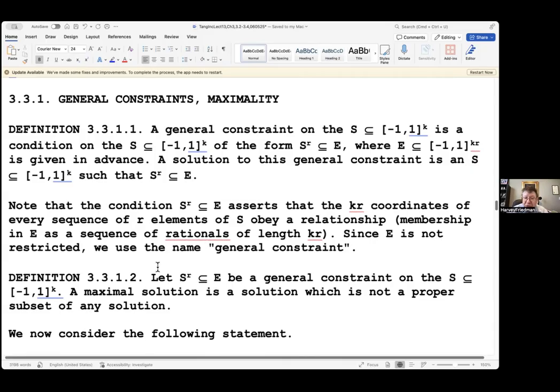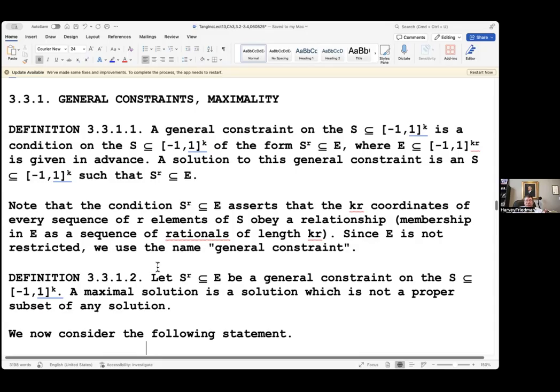A general constraint on these sets is a condition of the form S^r is contained in E, where E is a kr dimensional set given in advance. So you have the inclusion relation S^r contained in E, where S has dimension k, so everything matches in dimension. When you raise it to the r, you get something that's kr dimensional, right?